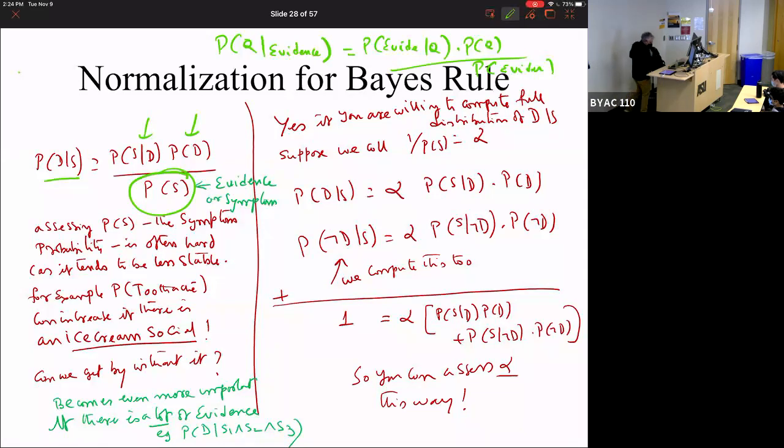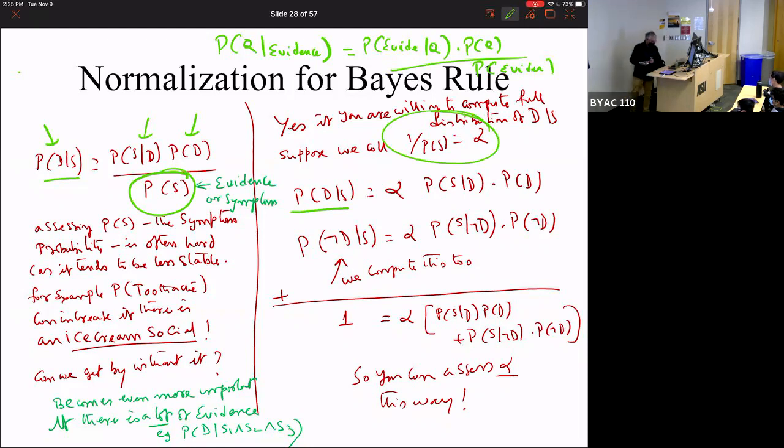So if you don't feel like assessing that probability, I can give you a shortcut. Anyway, you are computing P(D given S). Let's just assume 1 by P(S) is alpha.